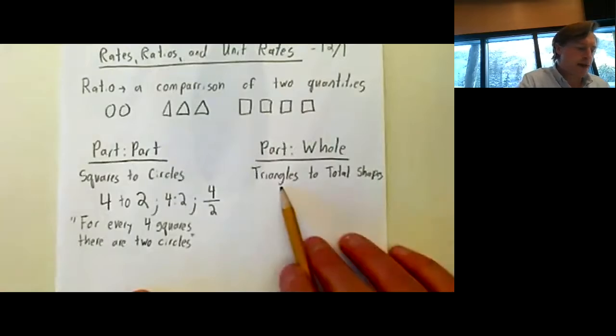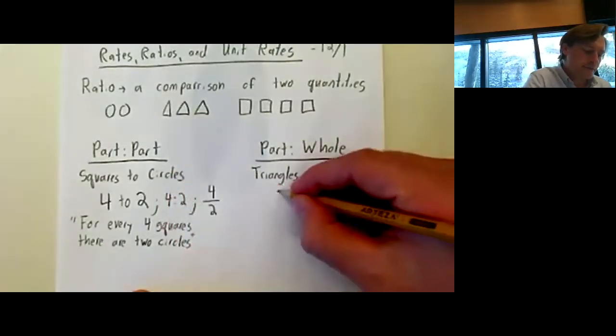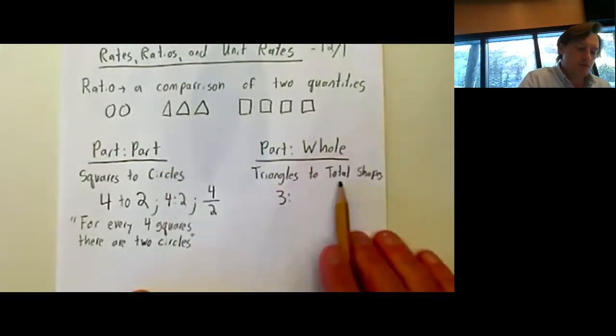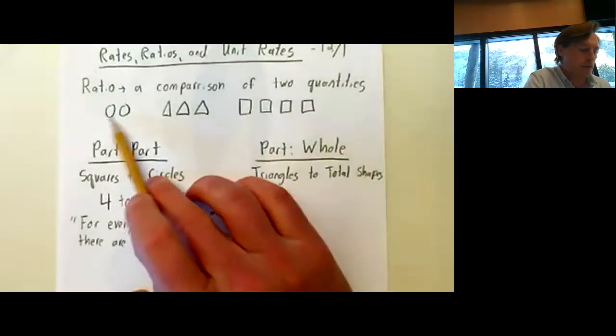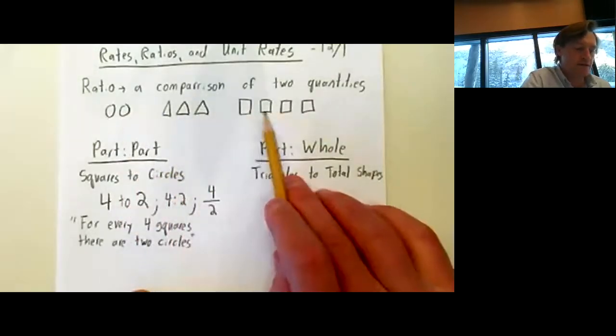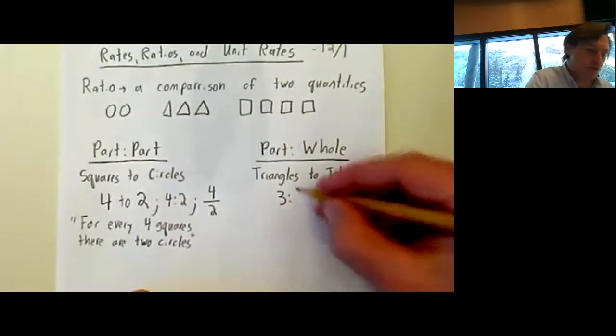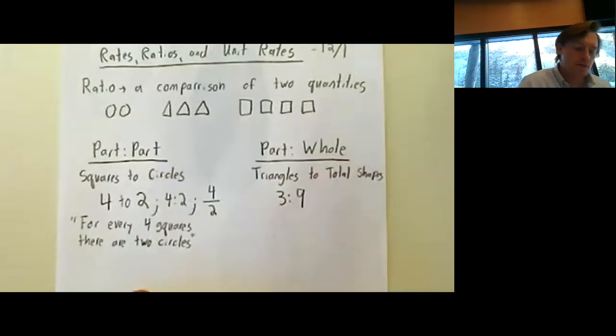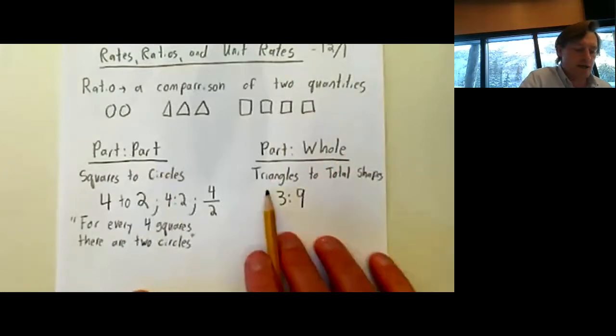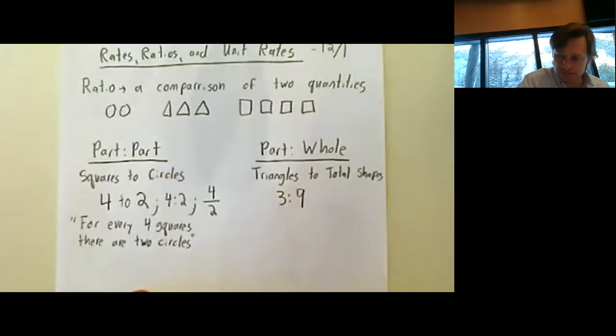So how many triangles do we have? We've got 1, 2, 3. And what's the total amount of shapes? Well, we have 1, 2, 3, 4, 5, 6, 7, 8, 9. 9 total shapes. So 9 there. 3 to 9 triangles to total shapes.